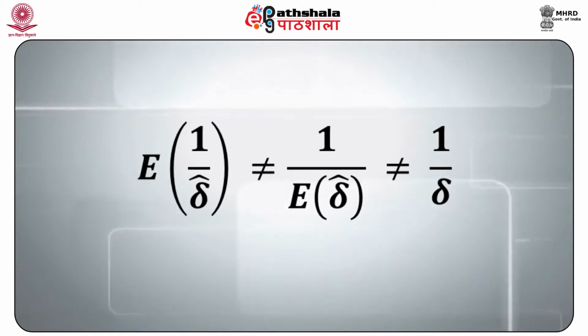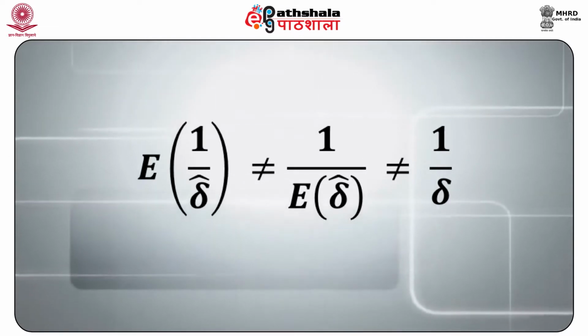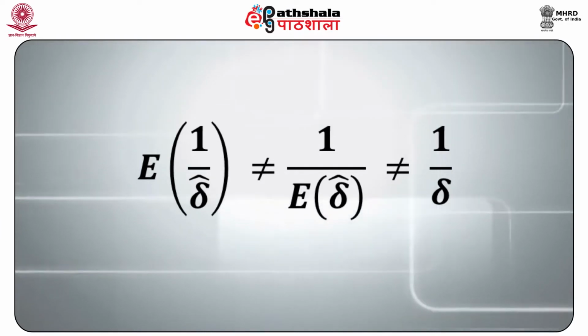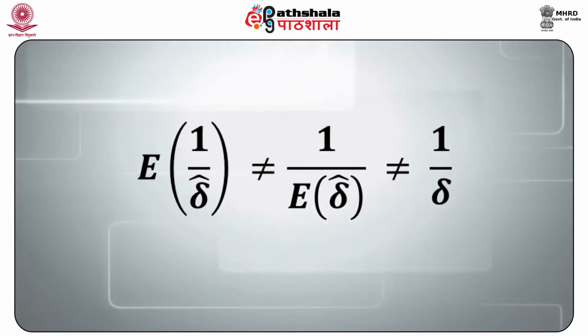However, this does not mean that 1 upon delta hat is an unbiased estimator of 1 upon delta, which means that expected value of 1 upon delta hat is not necessarily equal to 1 upon expected value of delta hat, which is equal to 1 upon delta. Now this is because the expectation operator applies only to linear functions of random variables, while the probability limit operator is valid for any continuous function.